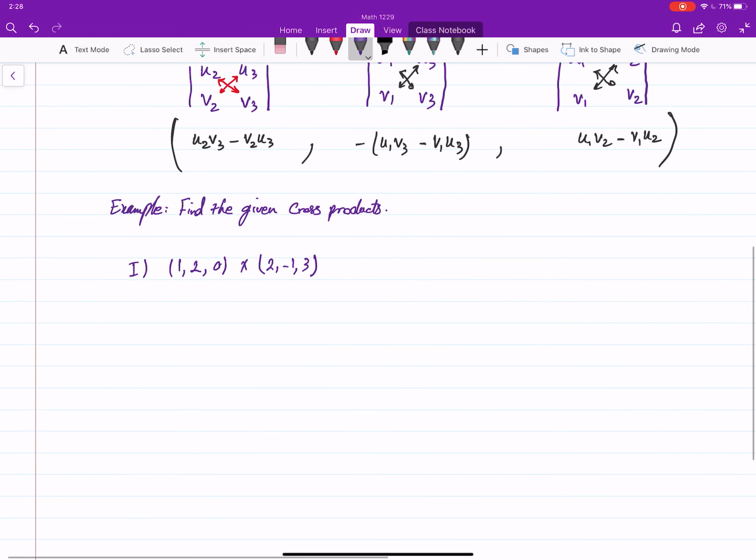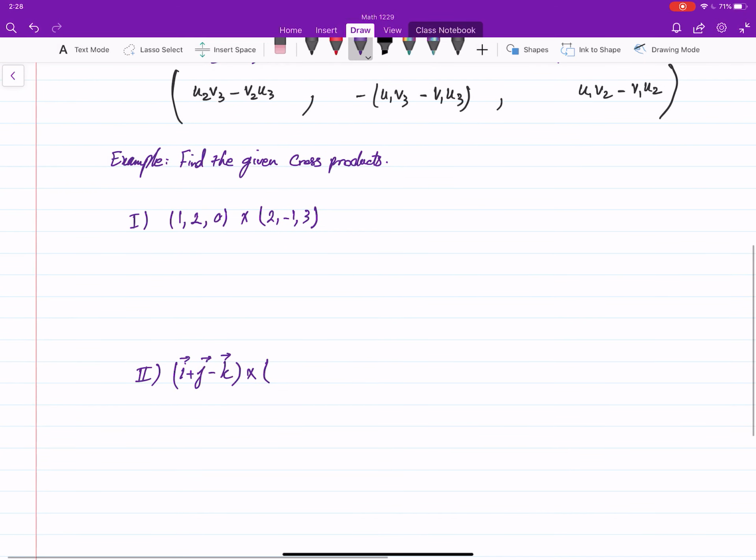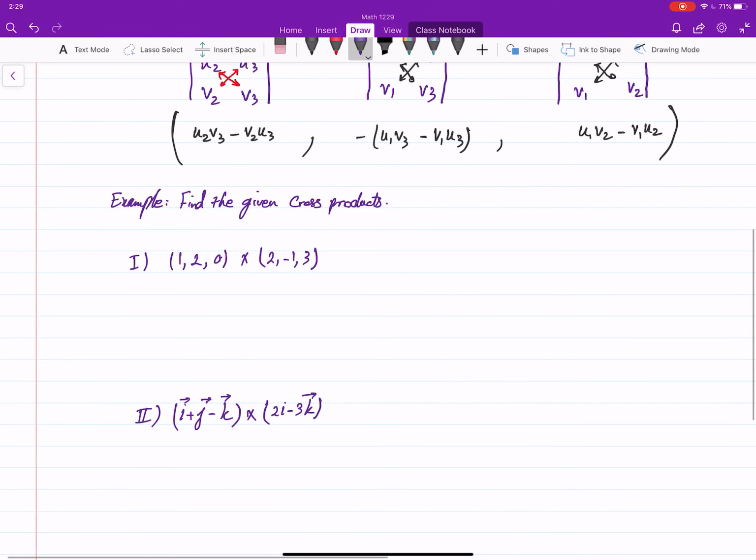And the second one is i plus j minus k cross 2i minus 3k. Okay, so let's just compute these ones.